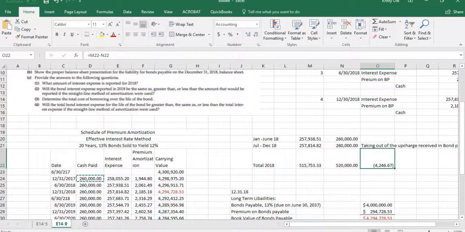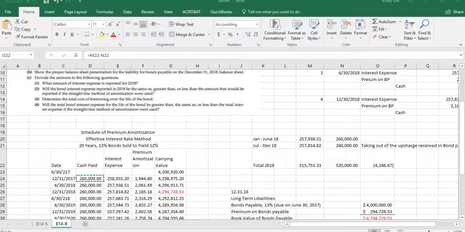The next question asked us, will the bond interest expense reported in 2018 be the same as, greater than, or less than the amount that would be reported if the straight line method of amortization were used? The bond interest reported in 2018 will be greater than the amount that would be reported under straight line. Under straight line, the amortization of the bond premium is $15,046.